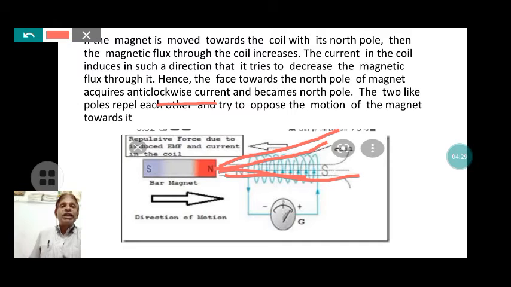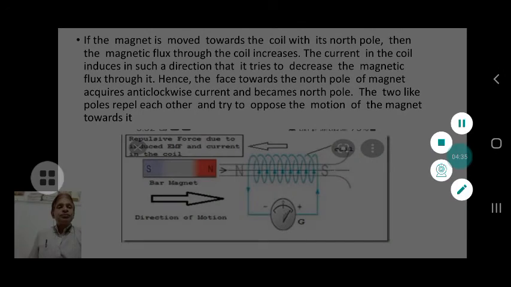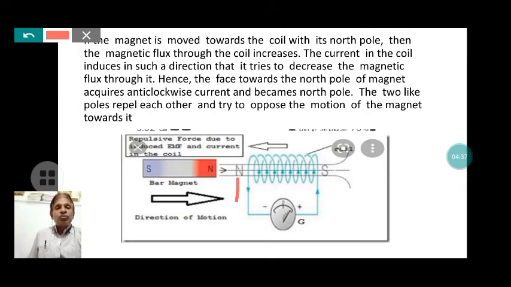The two like poles repel. The north pole produced due to the induced current, which is anti-clockwise in the coil, makes this face a north pole.